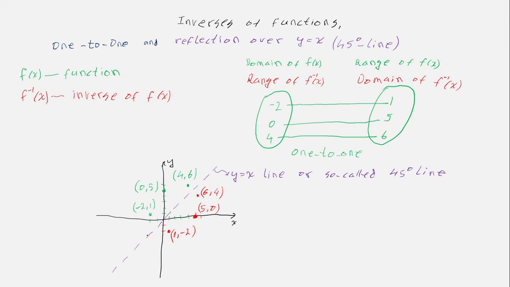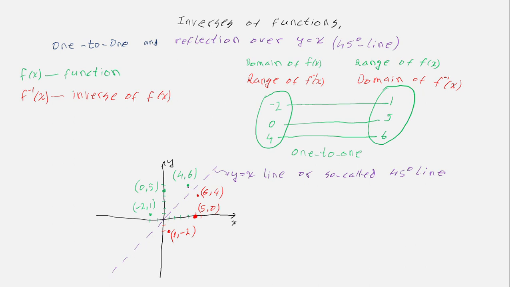Now if we take a good look at this, what do we see? First of all, see how 4, 6 became 6, 4. 0, 5 became 5, 0. Negative 2, 1 became 1, negative 2. So x and y changed places, right? So not only is the green the inverse of red, the red is also the inverse of green, right? But one thing that we need to see here is this y equals x line, the 45-degree line.